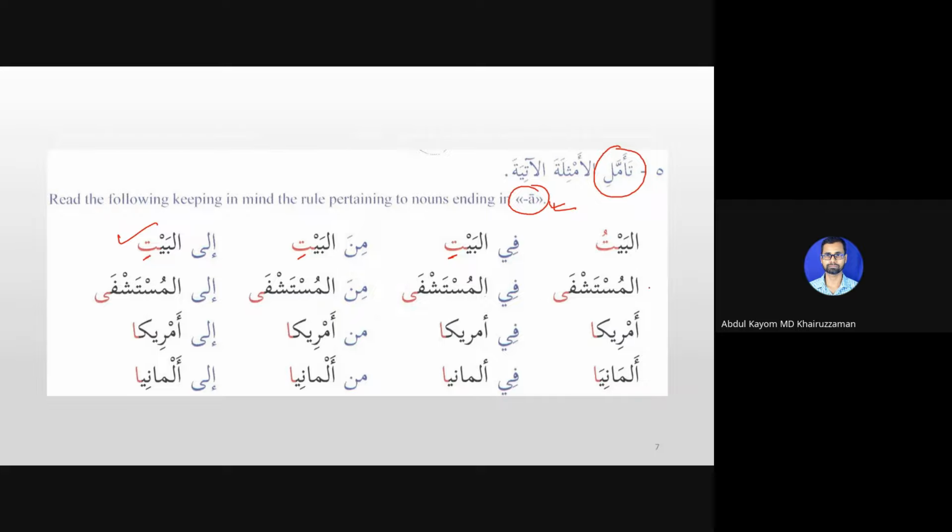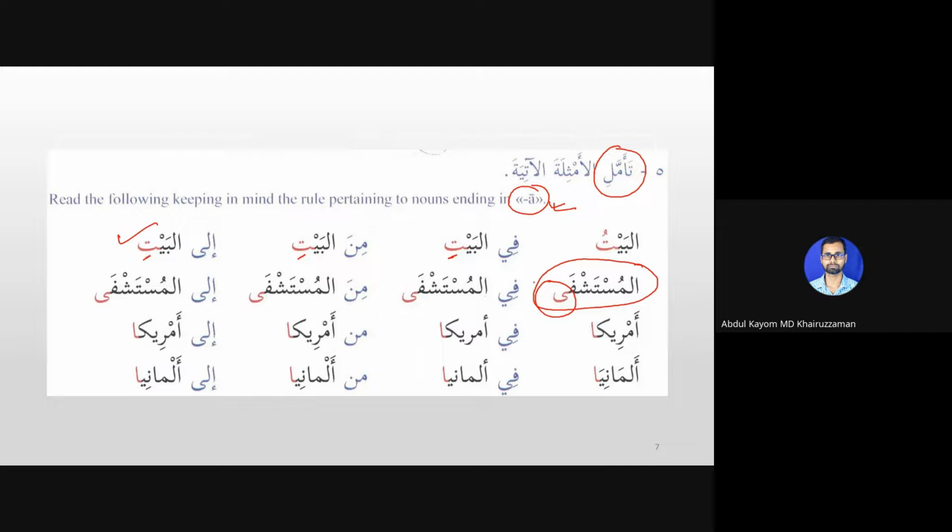Then this word al-mustashfa, we have seen this word al-mustashfa means hospital, right? You can see it ends with something that looks like yaa, but is there any dot? No, there is no dot. So if the word ends with a yaa-like letter but there is no dot, you have to read it like alif.